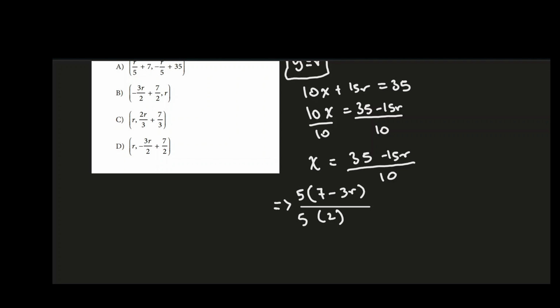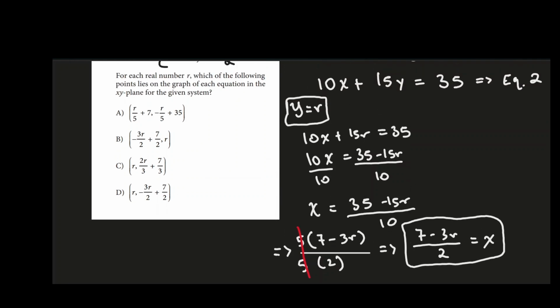And since 5 is common on both the numerator and the denominator, the 5s will cancel, which will give us our final and simplified expression for x, which is 7 minus 3r over 2. Since this is equal to x, this is going to be our x value for our corresponding coordinate point.